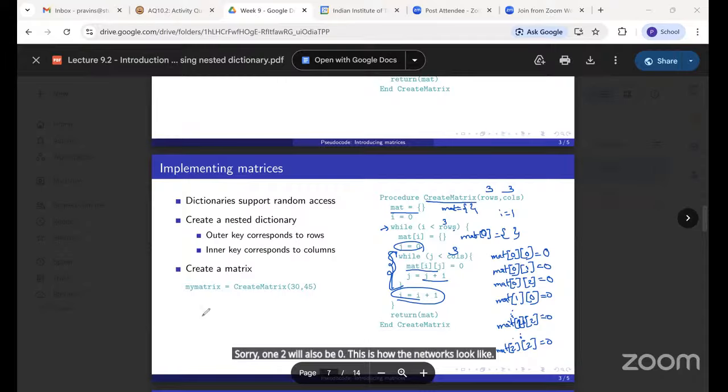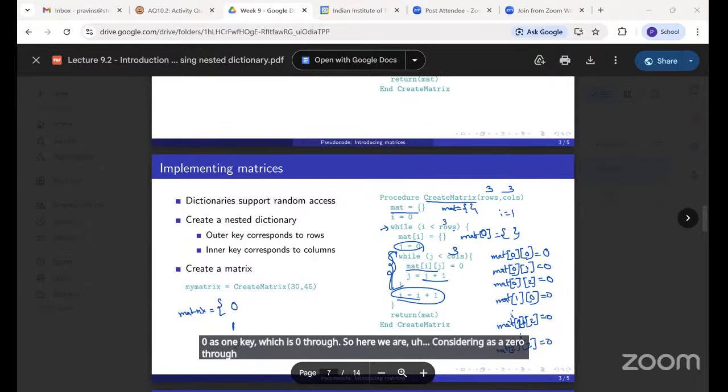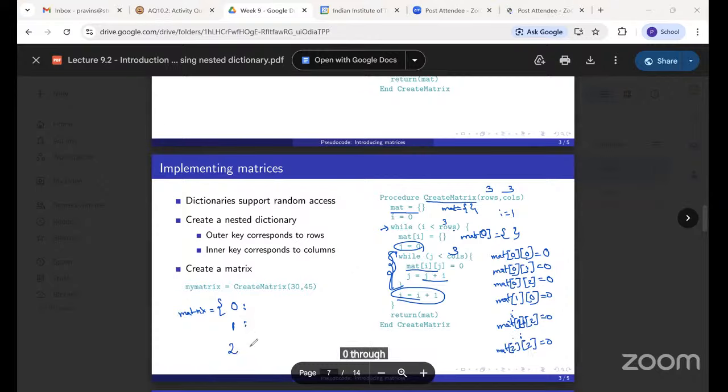If I have to create a matrix structure in a dictionary form, the matrix can be a dictionary with 0 as one key, which is the 0th row. Here we are considering a 0th row, but generally we say first row, second row. In the 0th row, again, we have a dictionary.